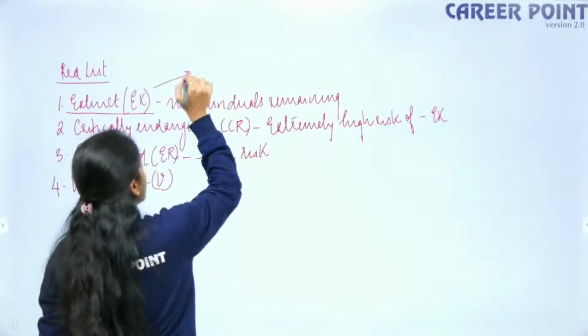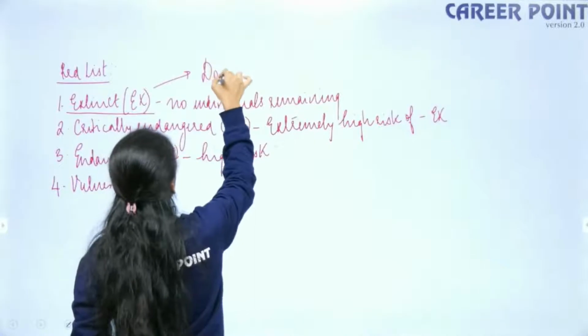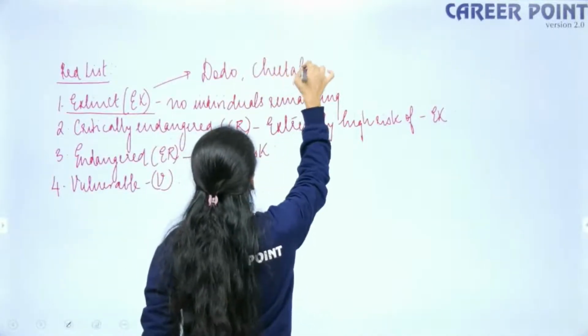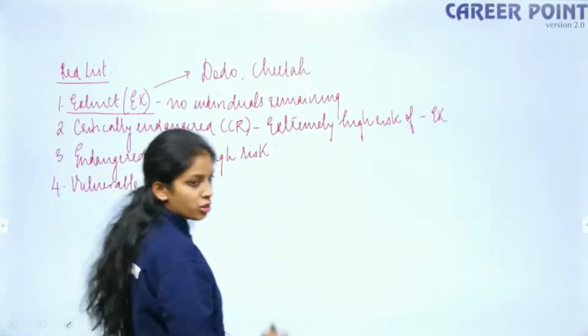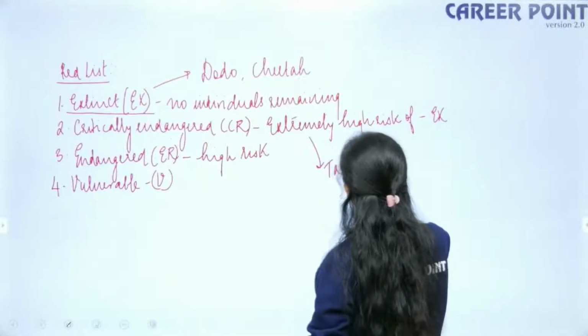For example, the animals that have got extinct in India are your dodo bird, your cheetah. So these are extinct. So endangered, some species of your tiger. So then you have your Tasmanian tiger.